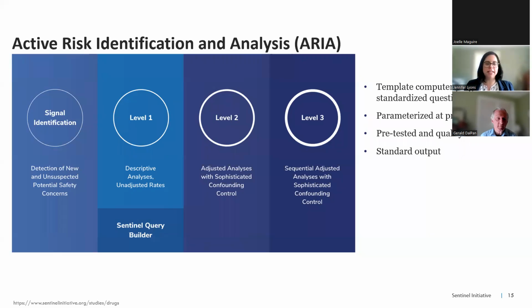The first level is descriptive analyses that are unadjusted, and that includes analyses run through the Sentinel Query Builder, which is a web-based application to run certain types of Sentinel analyses with a user-friendly interface. At level 2 is a set of inferential analyses that have confounding control. And then level 3 is when we're doing sequential analyses that are adjusted for confounding.